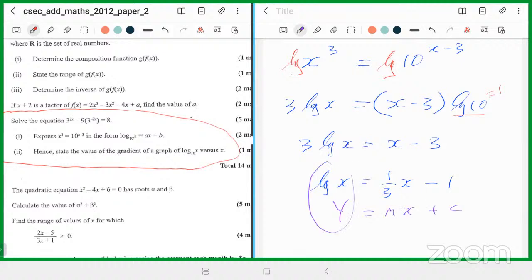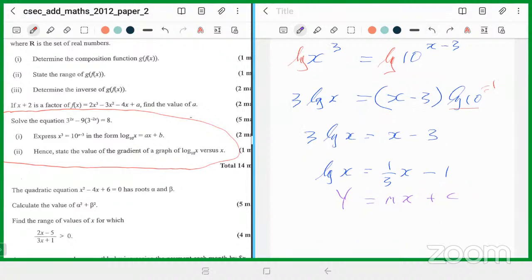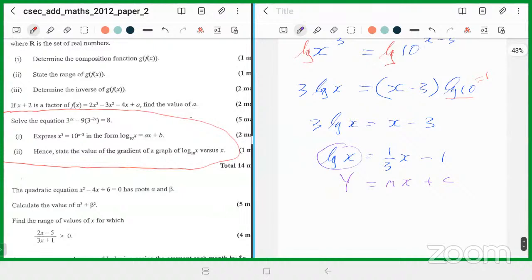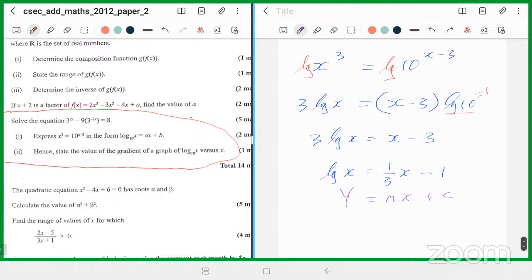So this is your y, this is your x, this is your m, this is your c. So if you plot log x against x, then m, which is a third, is going to be the gradient. That's what they're saying.